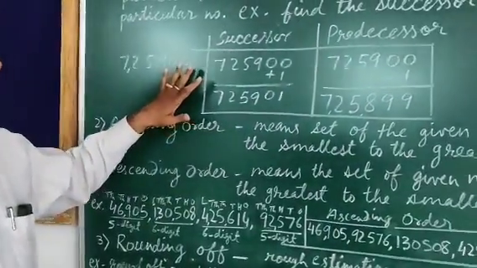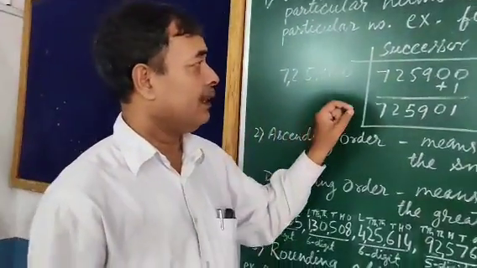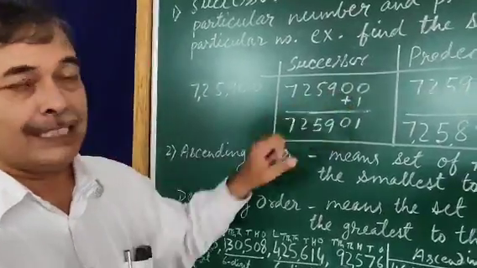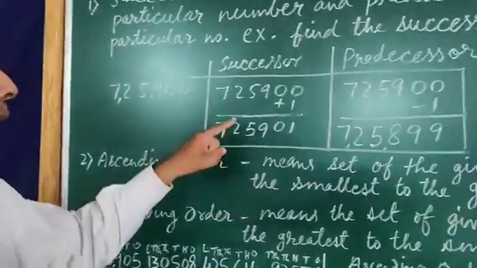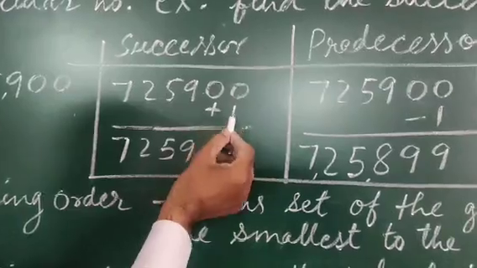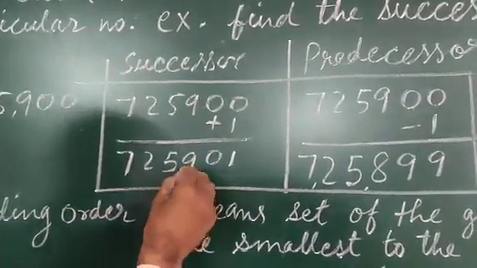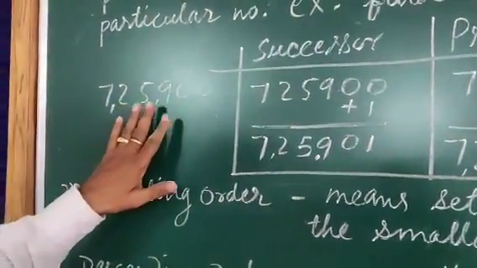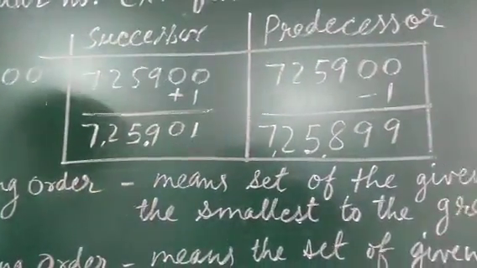Let us learn how to find successor of this number. Children, to find successor of this number, we will add 1 to this number, or we will increase this number by 1. If 1 is added to this number, here you see 0 plus 1, 1, 0, 9, 5, 2, 7. The successor of the number 7,25,900 will be 7,25,901.